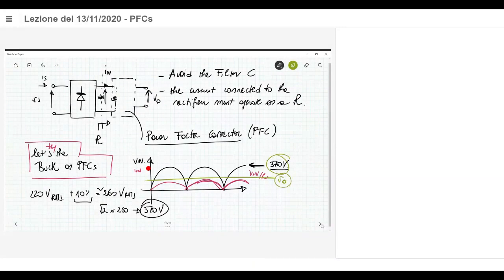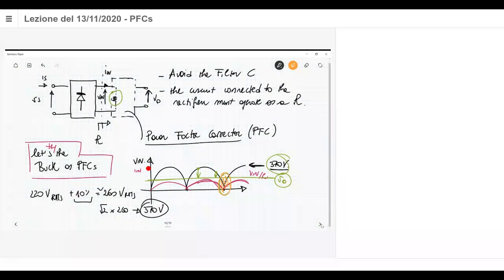So, as a result of this discussion, is this buck useful as a PFC? Supposing that you are able to control the input current to act exactly in this way, as a resistance. But this is a totally different discussion. Just compare the input voltage and the output voltage. For example, this is the input voltage. I can step down this input voltage from this value to the output voltage. But what happens here, for example, in this region?